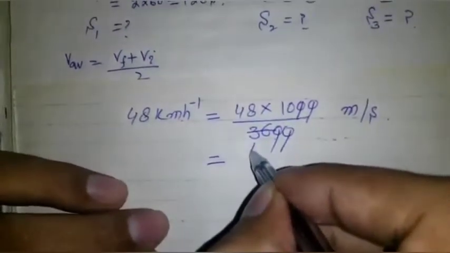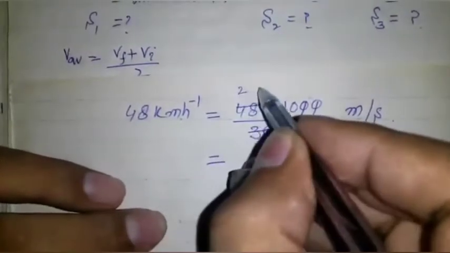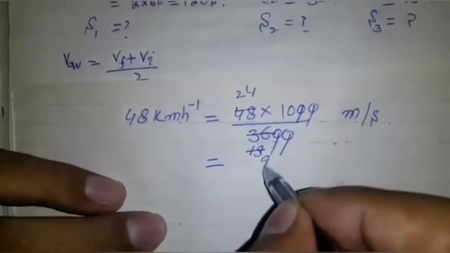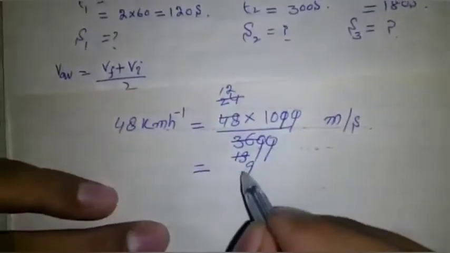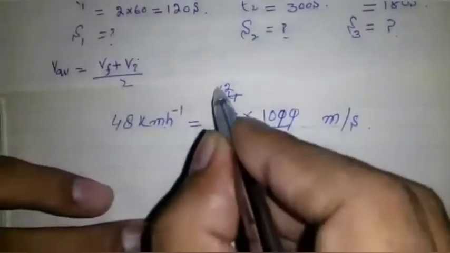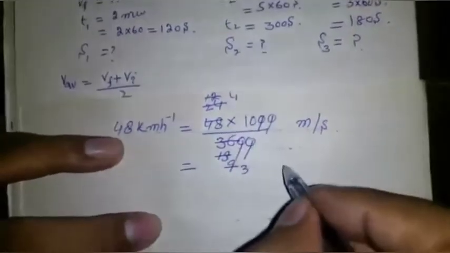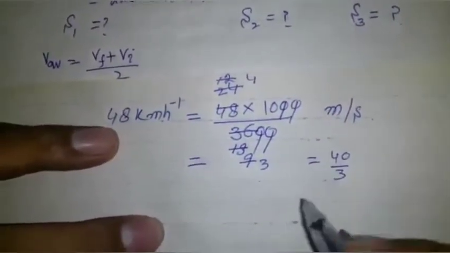Simplifying, 2 ones are 2, 2 eights are 16, 2 twos are 4, 2 fours are 8, 2 nines are 18, 2 twelves are 24, 3 threes are 9, 3 fours are 12, which is equal to 40 over 3.